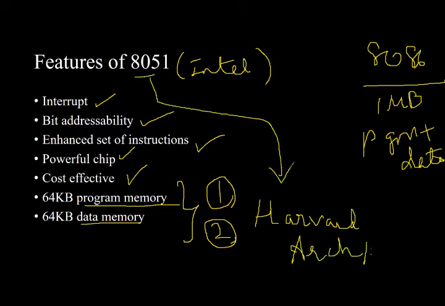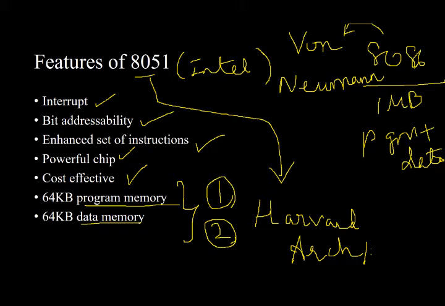So 8051 follows Harvard architecture, whereas 8086 follows von Neumann architecture. Von Neumann architecture has been followed in 8086, and Harvard architecture has been followed in 8051. So this is yet another difference that you need to keep in mind.